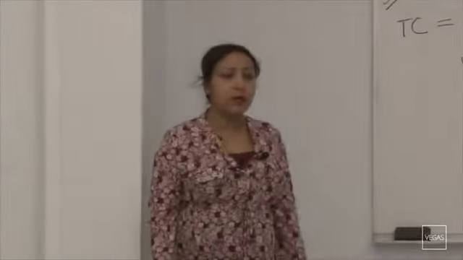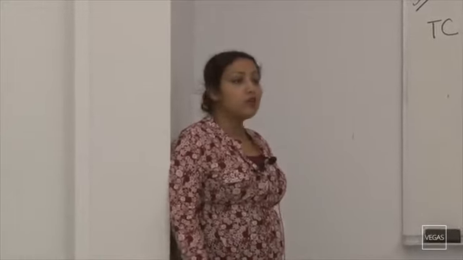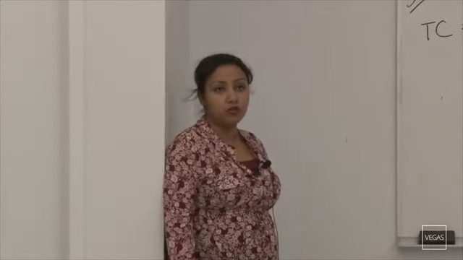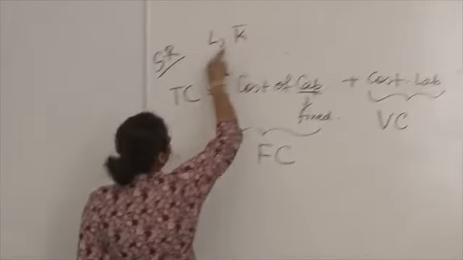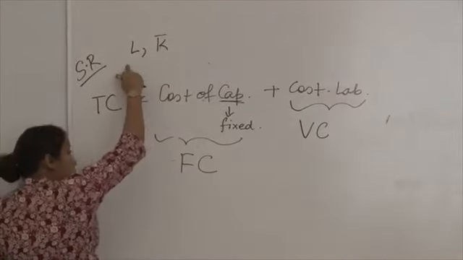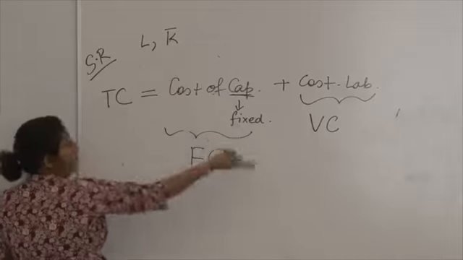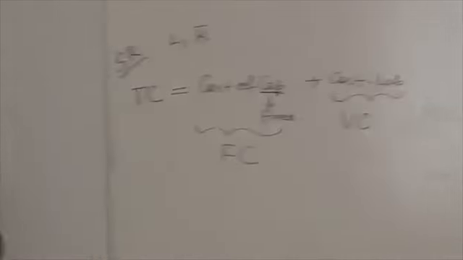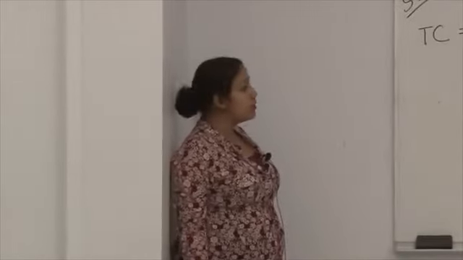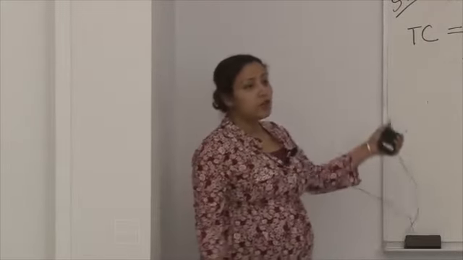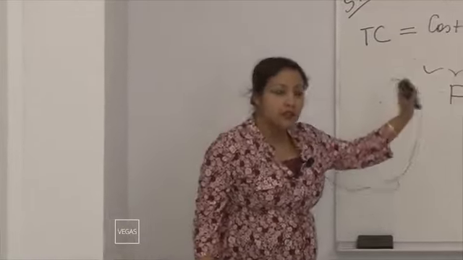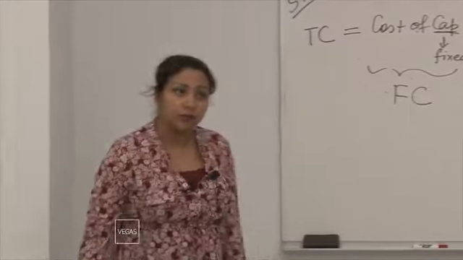Similarly, given that labor is the variable input, the cost of labor is the variable cost. Okay. Now, if I considered labor to be fixed and capital to be variable, then that would also change. Okay. So, variable cost is the cost of the variable input, in this case labor, and fixed cost is the cost of the fixed input, in this case capital. Okay.